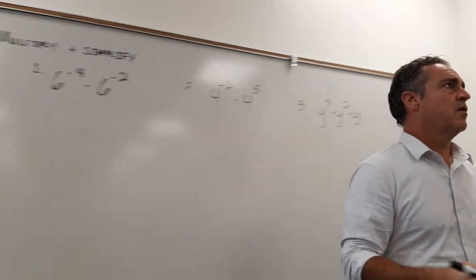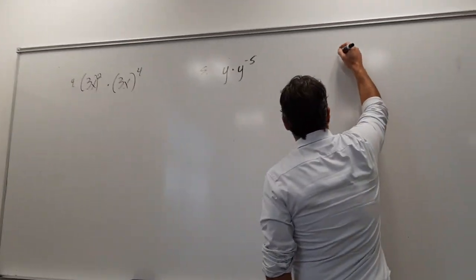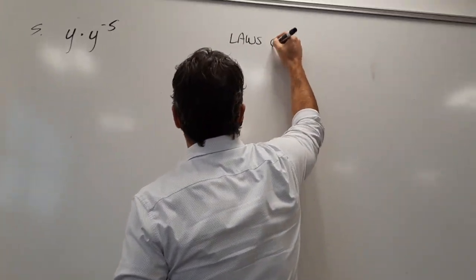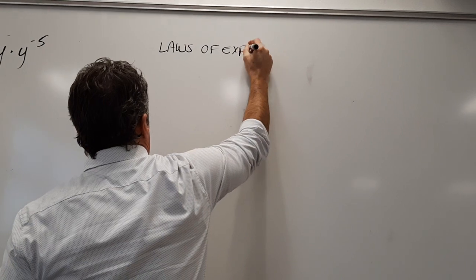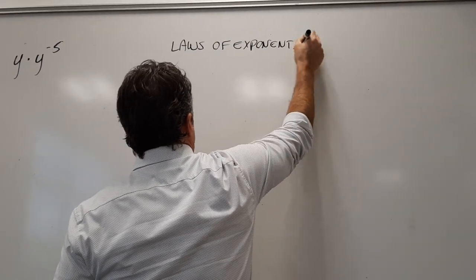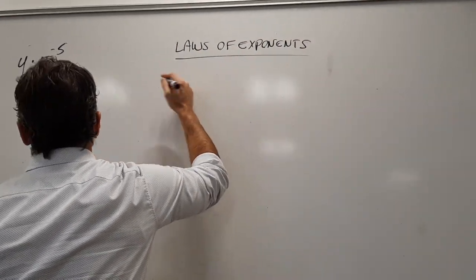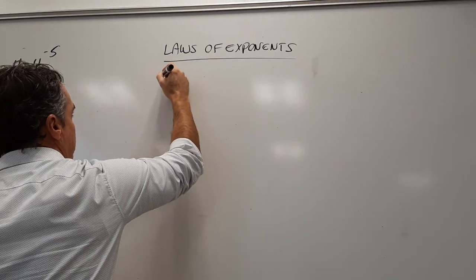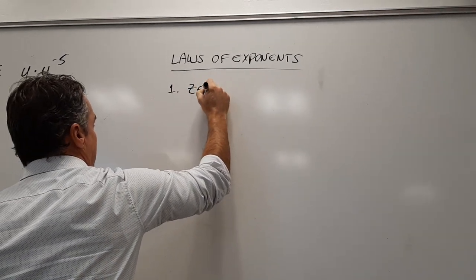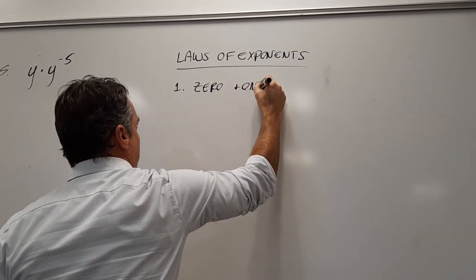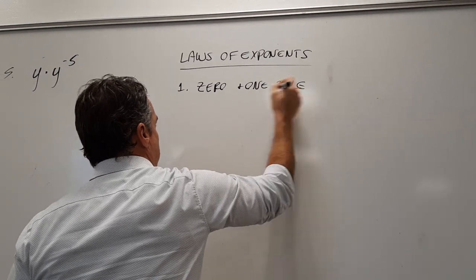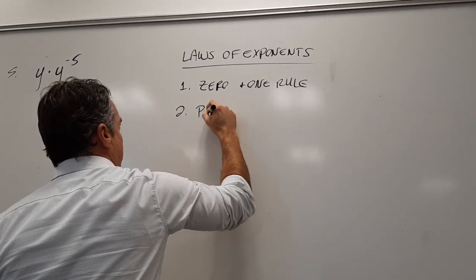I'd actually like to start by just, on this board right here, reminding you of the 5 laws of exponents. We're going to be digging deep into these over a number of problems in the beginning here. The first is the 0 and the 1 rule. The second is the product rule.